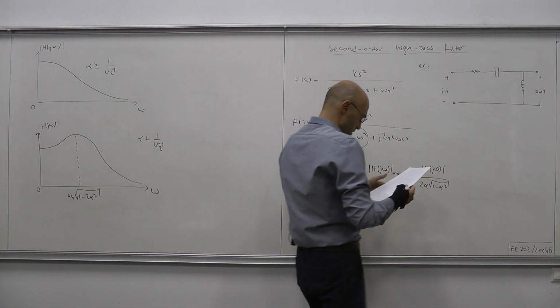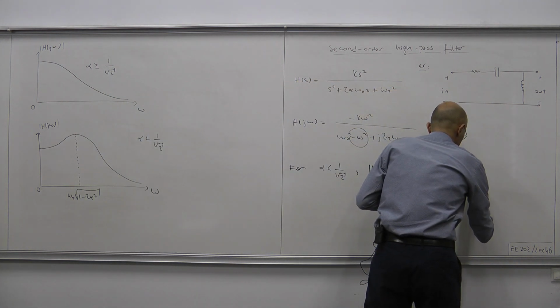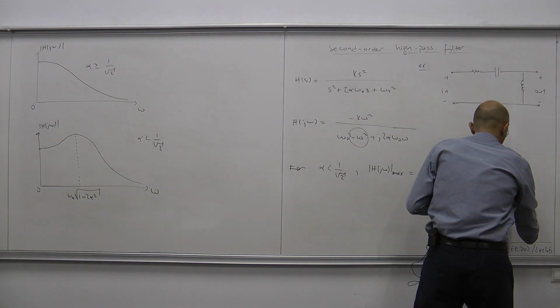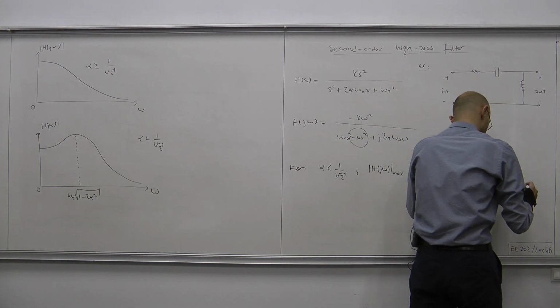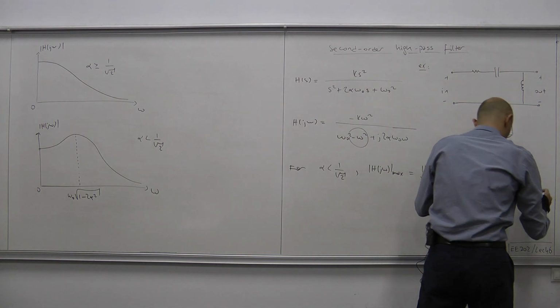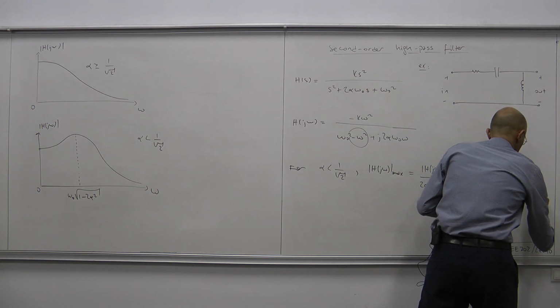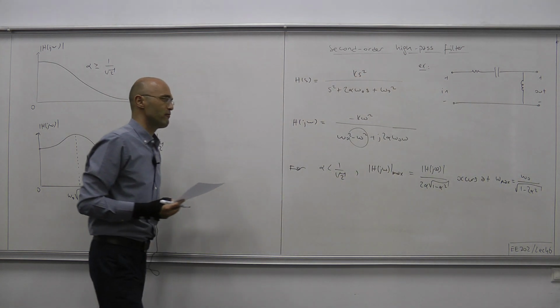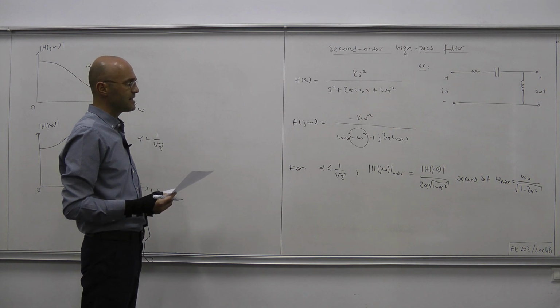This occurs at the frequency omega max, which equals omega 0 over the square root of 1 minus 2 alpha squared. So that's the frequency at which we attain the maximum.